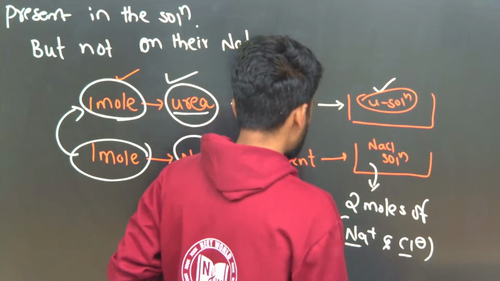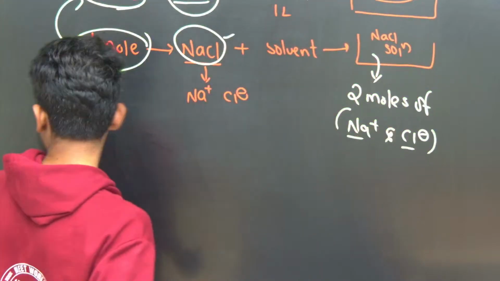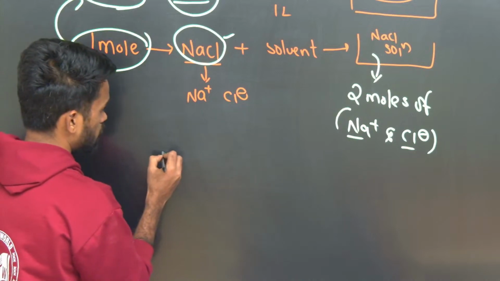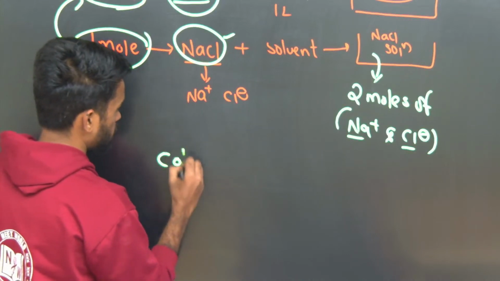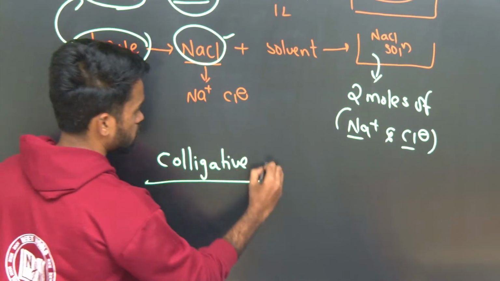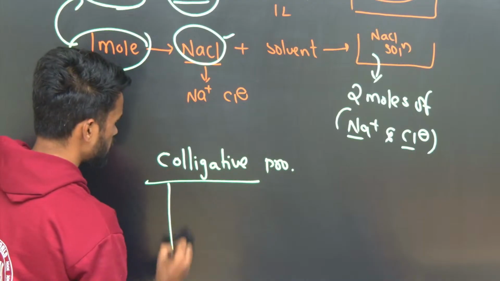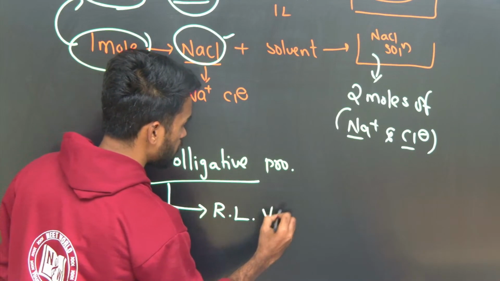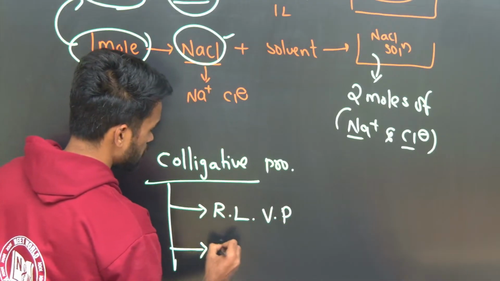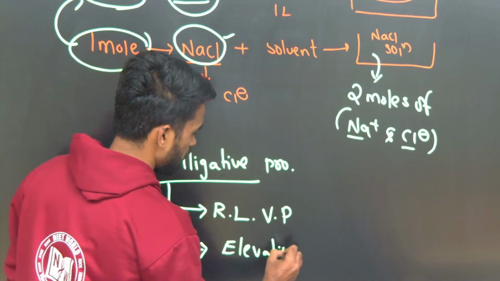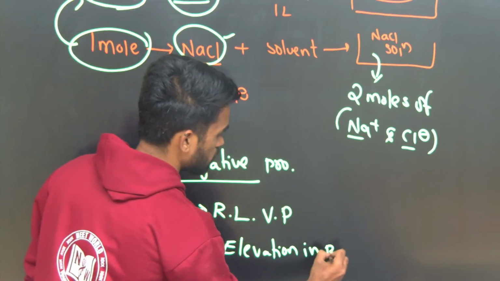Next one. So what are the colligative properties now? What is the list of colligative properties we have here? What are the important colligative properties we have? First one here is RLVP, relative lowering of vapor pressure, and the second one is ΔTb, that is elevation in boiling point.